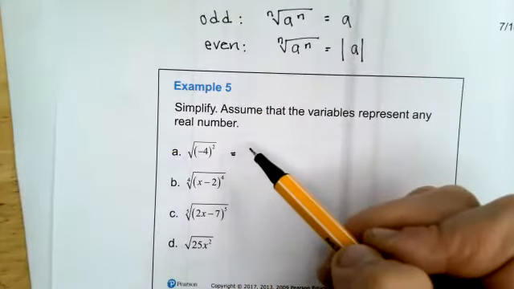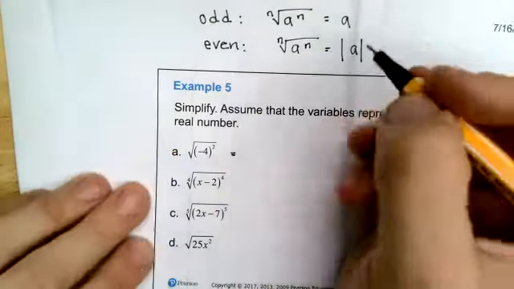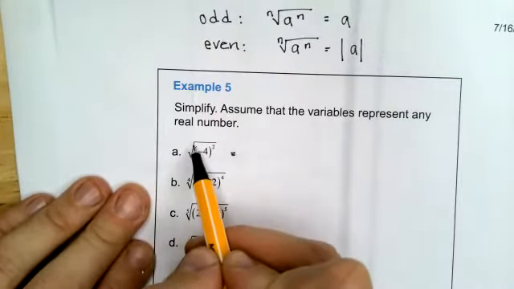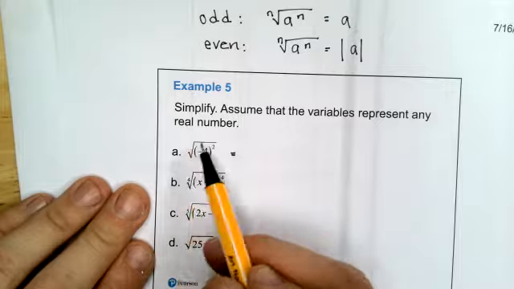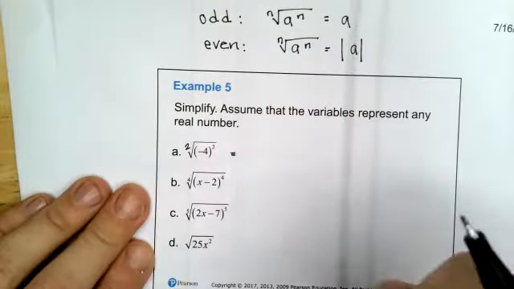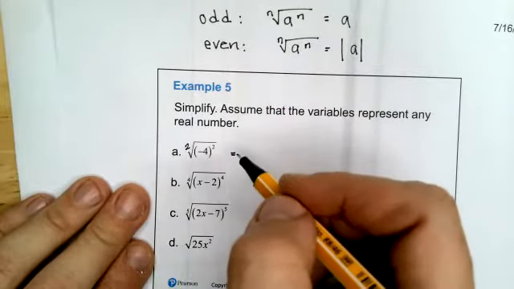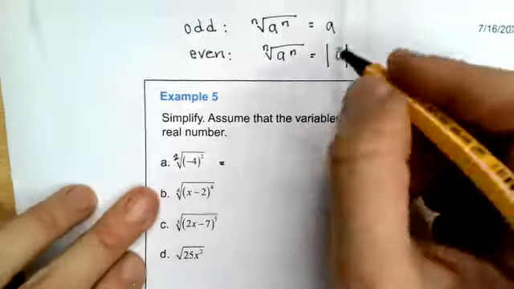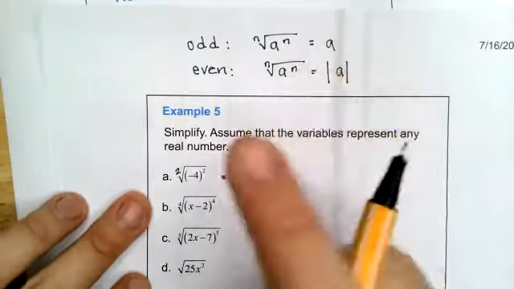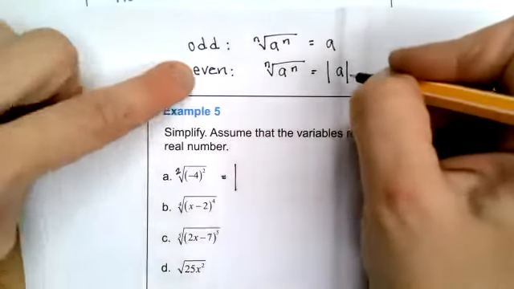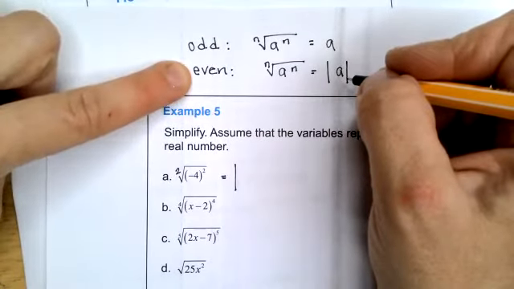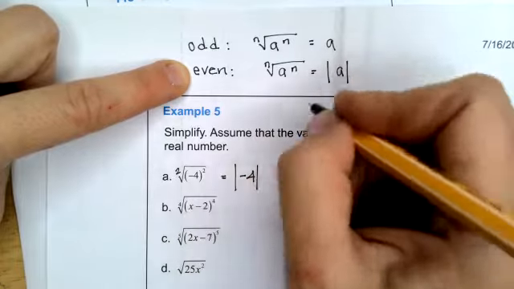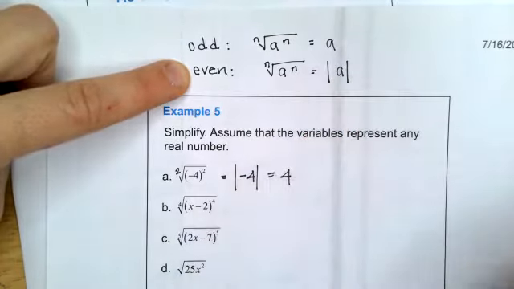The root is an understood 2. If there is no number here, it's automatically a 2. The root of 2 and the exponent of 2 are the same, so they cancel. Even so, I need to include the absolute values, right? So n cancels n, 2 cancels 2, but because 2 is an even number, we're going to put the absolute value of a. The absolute value of -4 is +4.